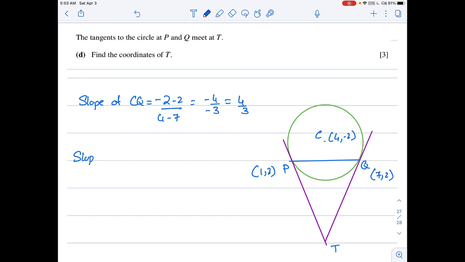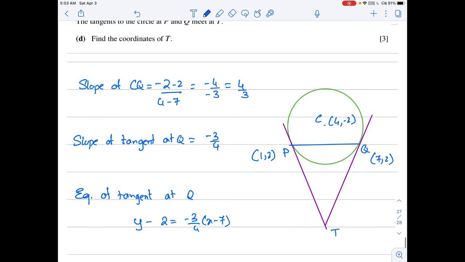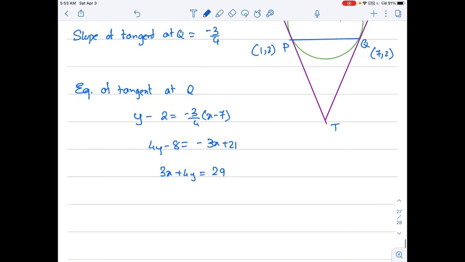So the slope of the tangent at Q should be minus 3 upon 4. So the equation of the tangent at Q will be y minus y1 is equal to m times x minus x1. Simplifying, that becomes 4y minus 8 is equal to minus 3x plus 21. So I get 3x plus 4y is equal to 29. That is the equation of the tangent at Q.